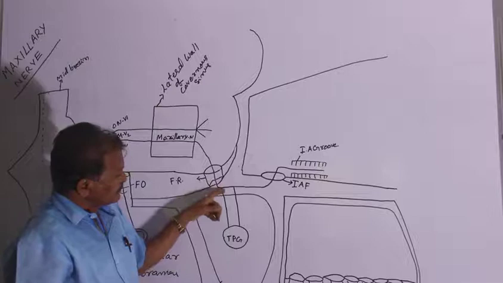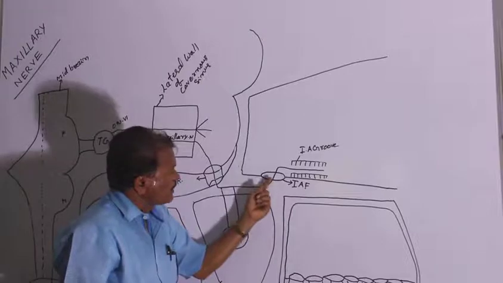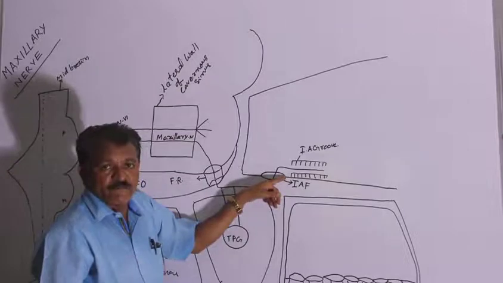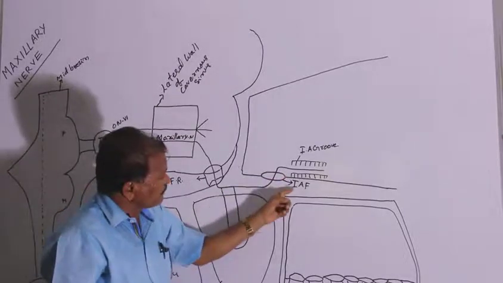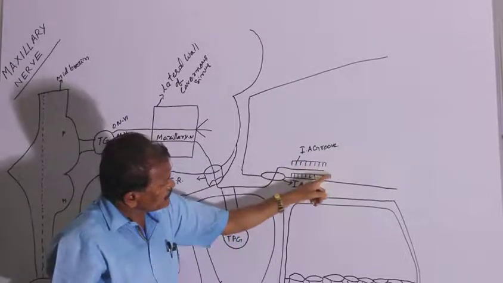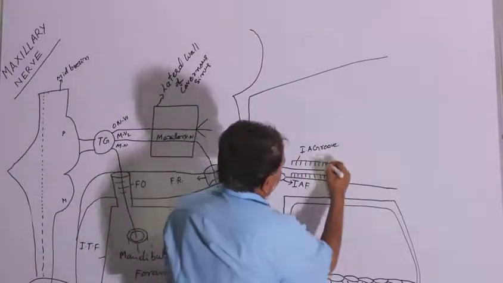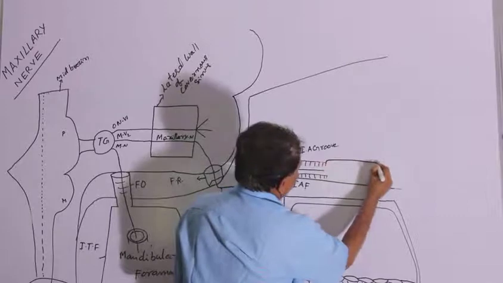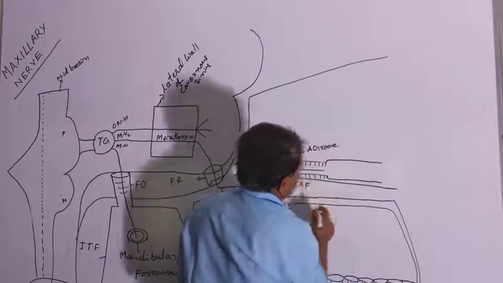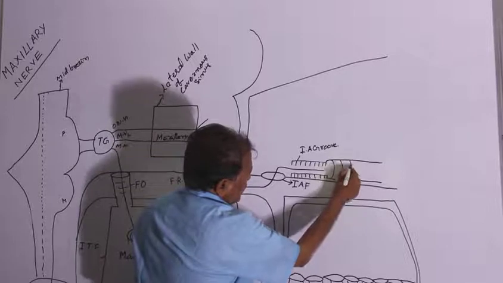Here it is in the pterygopalatine fossa, and then at this level it is present inferior to the floor of the orbit. The infra-orbital groove anteriorly continues as the infra-orbital canal.